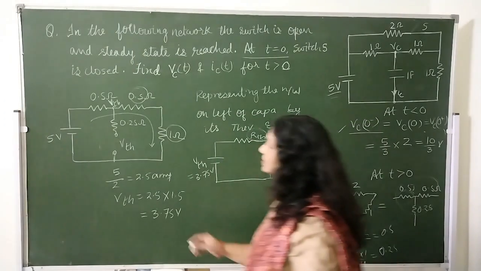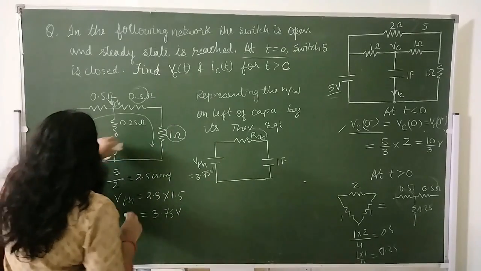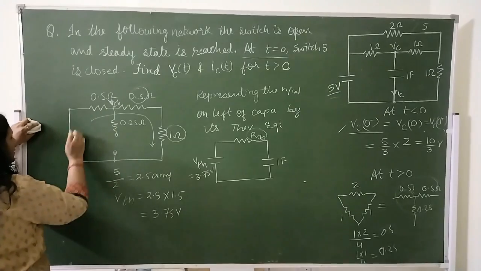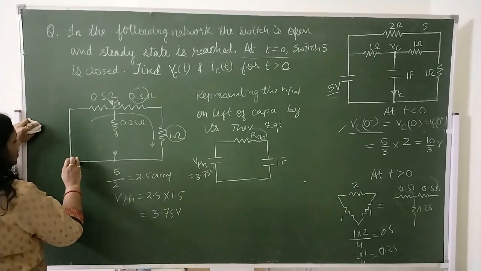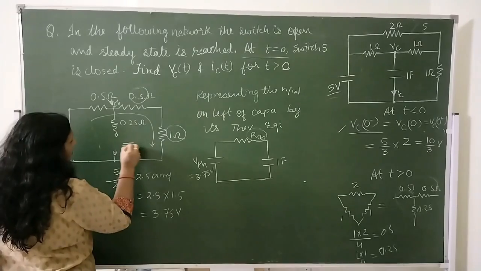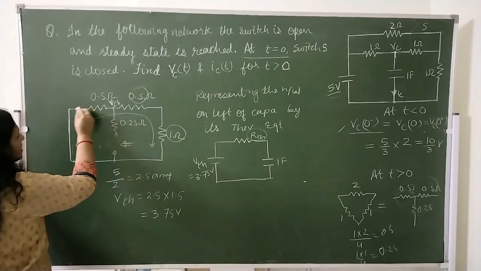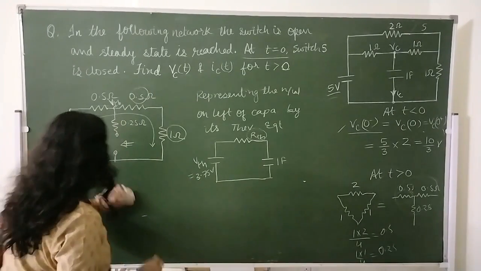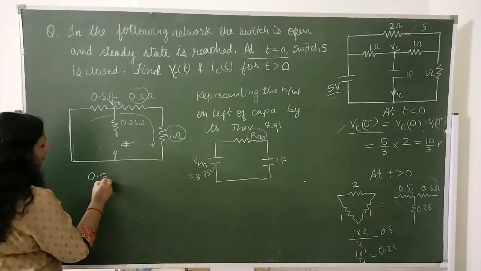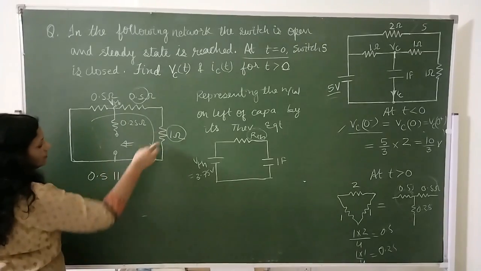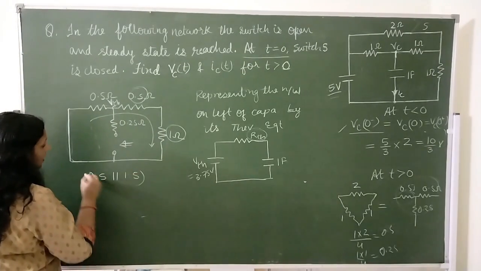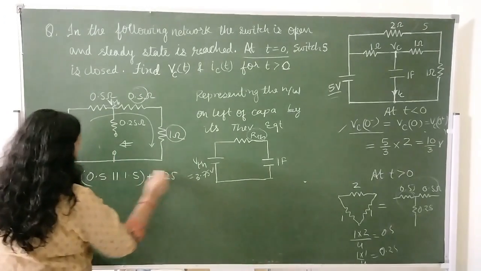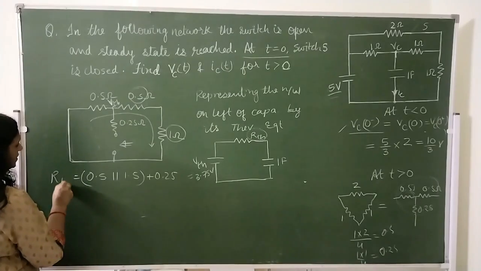Now we will find RTH. RTH is the resistance across these terminals after short circuiting the independent source voltage. Here this resistance is in parallel with this resistance, these two resistances. So 0.5 is parallel to 1.5, and it is in series with this 0.25, and that will give us RTH.